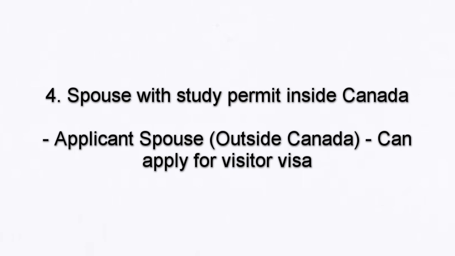The fourth option depends on the individual. Among these 4 options, you can choose the one that works best for you. I'm not really recommending the one that you should do. The fourth one is when you are in Canada and your spouse is outside of Canada. Your spouse can apply for a visitor visa to Canada to come visit you.